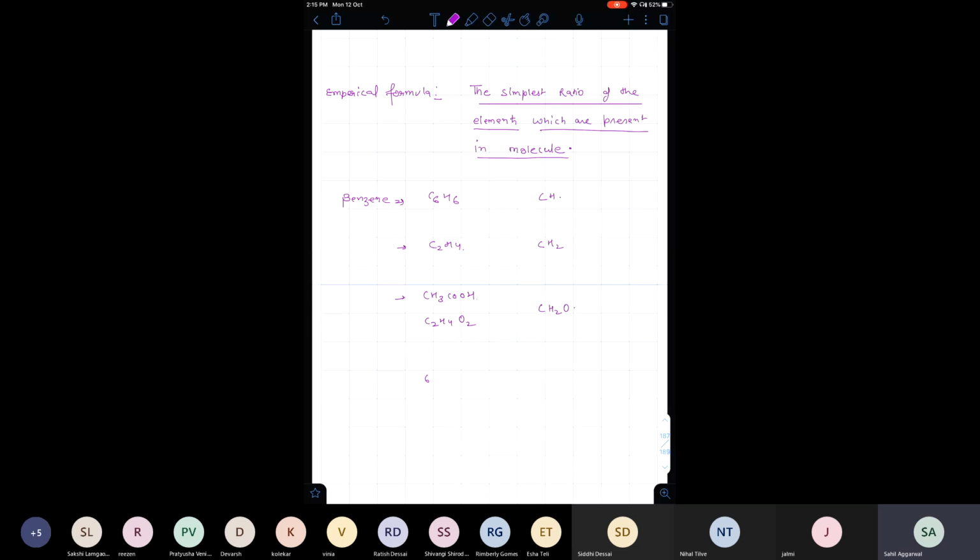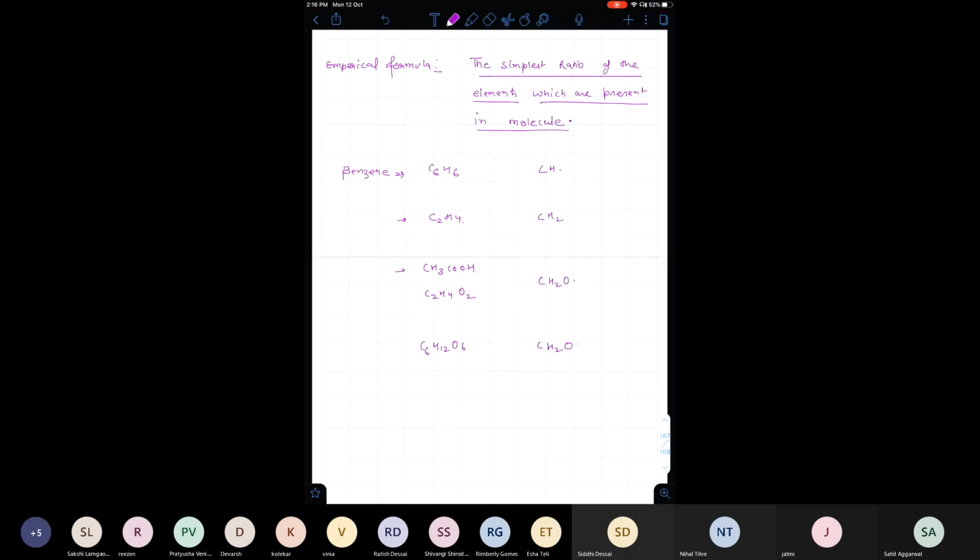If we take glucose, C6H12O6, we will divide by 6, and its simplest ratio will be CH2O. This is empirical formula. Understood? All of you understood? Very simple.